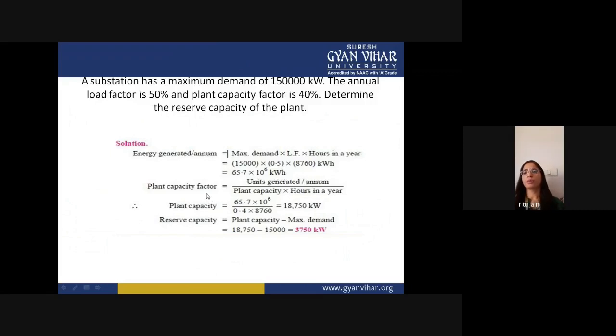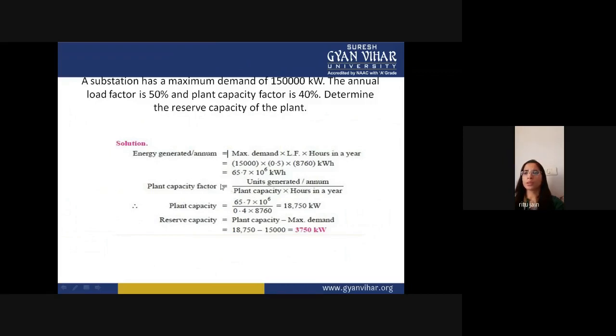Now you have to calculate the plant capacity, which is equal to units generated per annum, which is your 65 into 10 to the power 6, and the plant capacity factor into hours in a year. Okay, so the plant capacity can be calculated by cross multiplication.